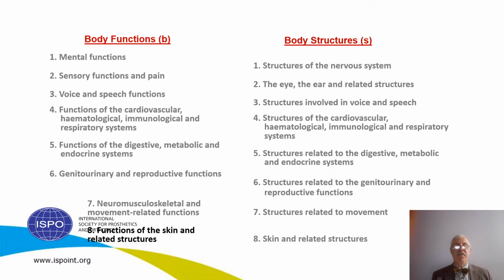The chapters on body function and body structures each contain 8 chapters, which are roughly in parallel, representing the mental functions or nervous system, the sensory functions and pain, voice and speech functions, cardiovascular, hematological, immunological, and respiratory systems, functions of the digestive, metabolic, and endocrine systems, genitourinary and reproductive functions, neuromuscular and movement-related functions, and functions of the skin and related structures.